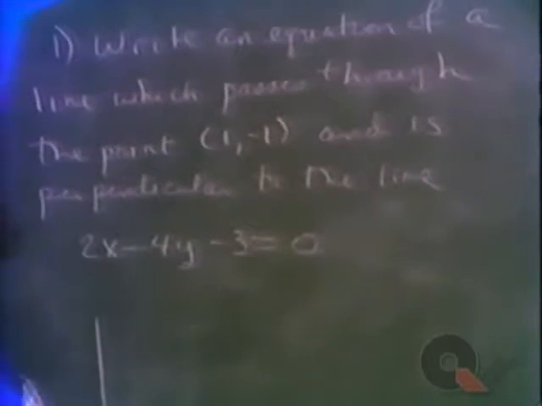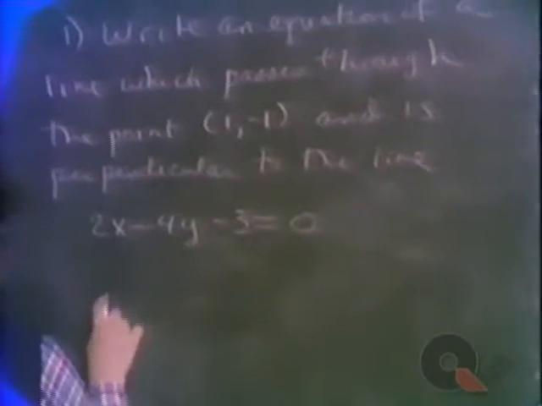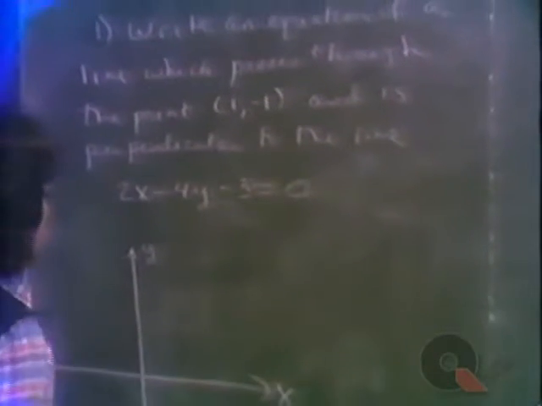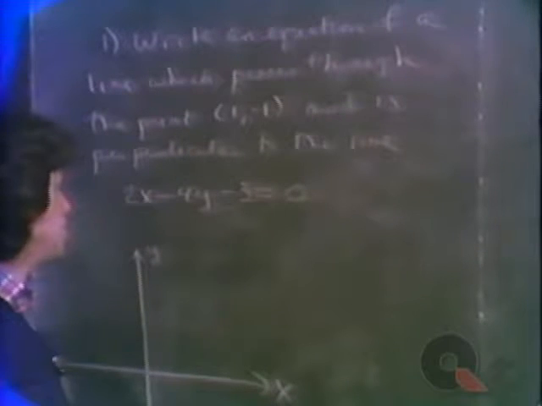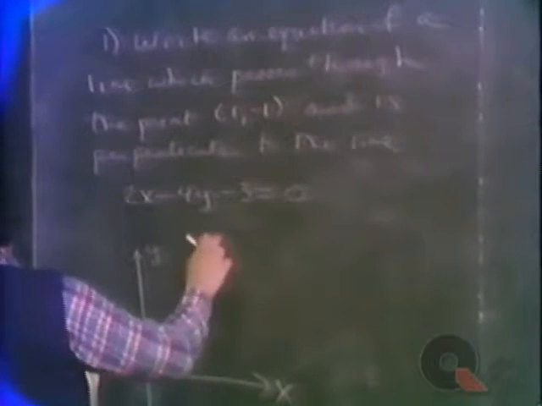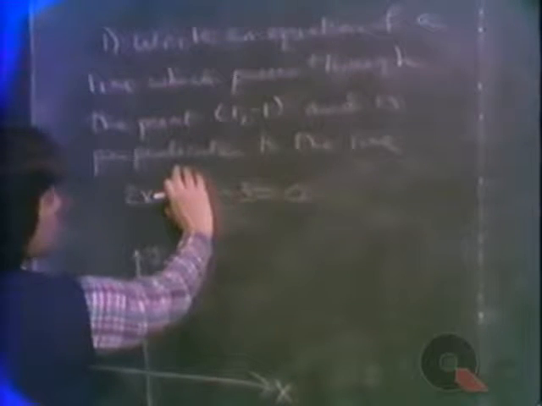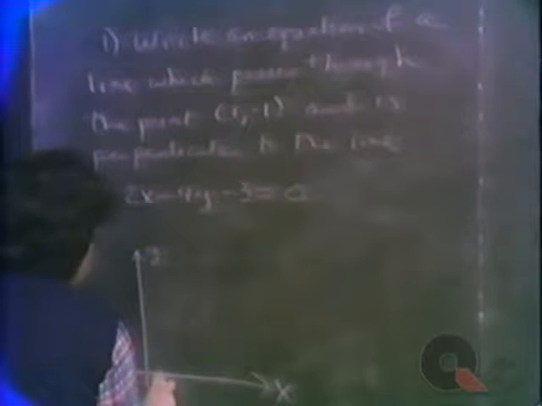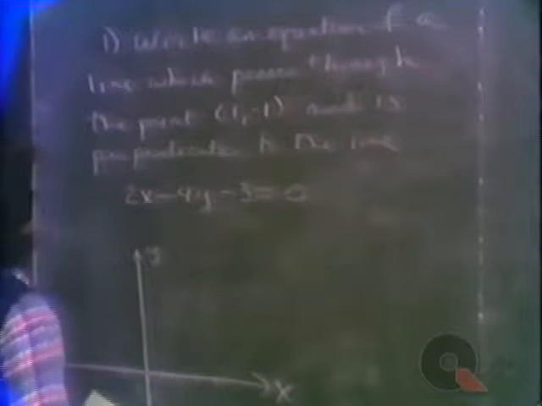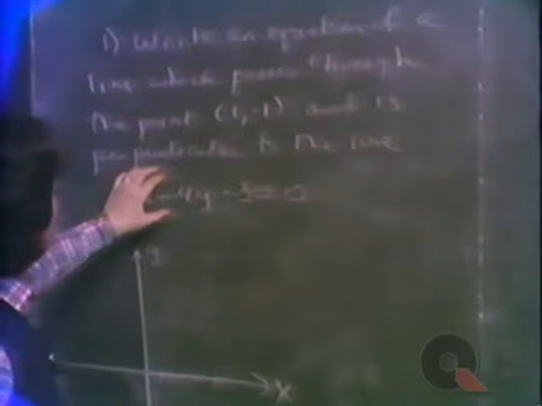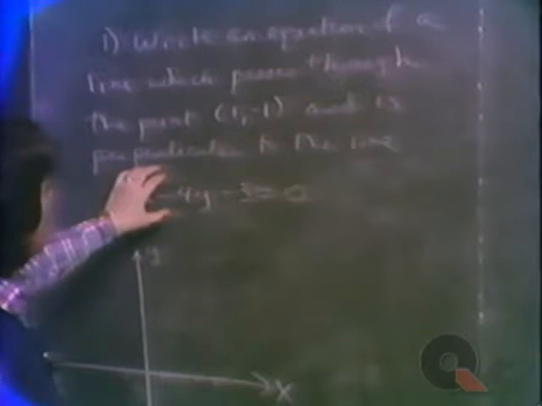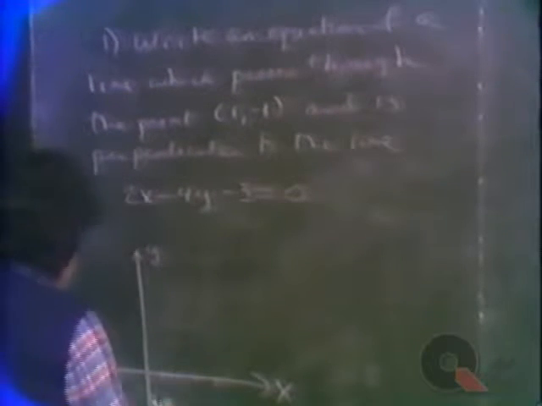We can make a rough sketch of this. We have this straight line. If we find the intercepts, we can, for example, set y equal to 0 and get 2x equals 3, x equals 3/2, or 1 1/2. If x equals 0, 4y is equal to minus 3, y is equal to minus 3/4.